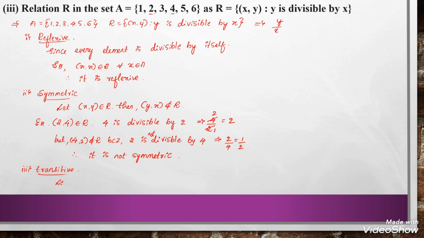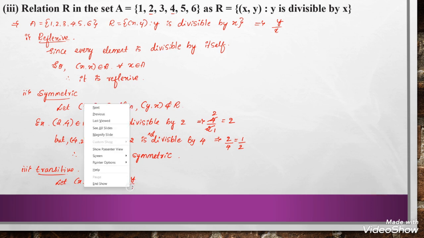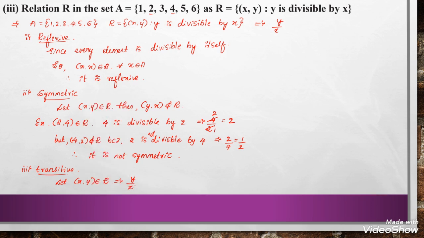Now, let x comma y belong to R. I can write simply y by x, and y comma z belongs to R. So I can write here z by y.